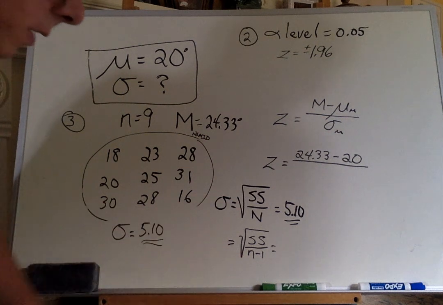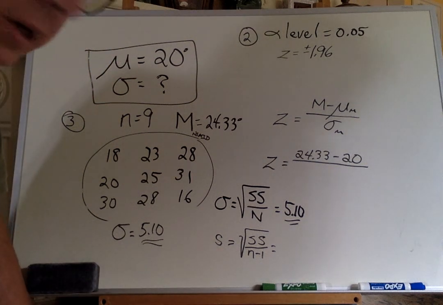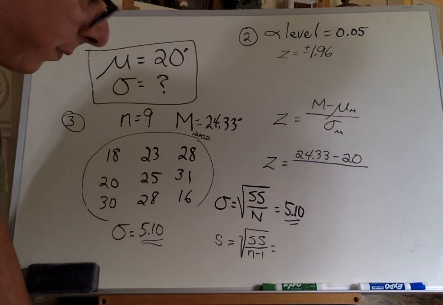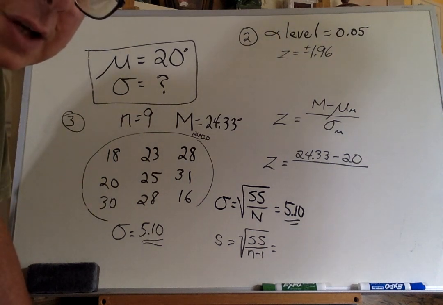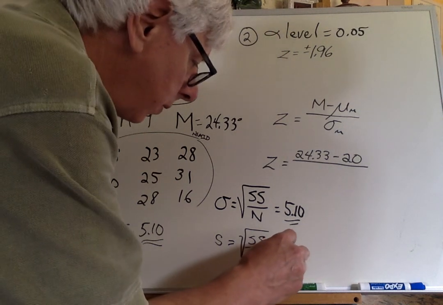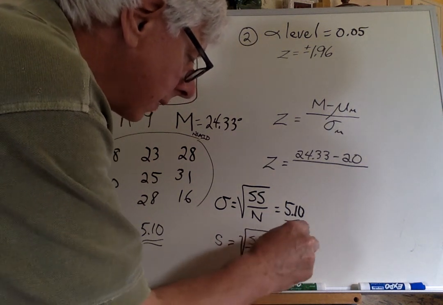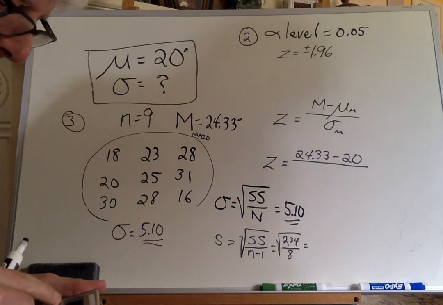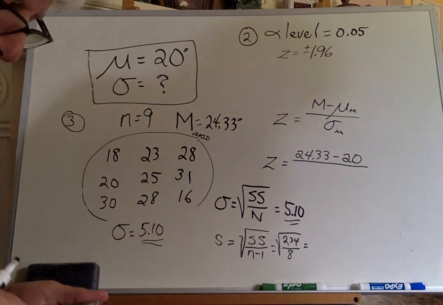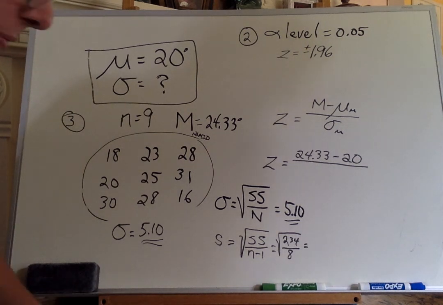Different formula, so we're going to use this symbol, lowercase s, okay? And what do we have for lowercase s? Well, we have 234 divided by 8 now. Take the square root. 234 divided by 8, then take the square root. 5.41.